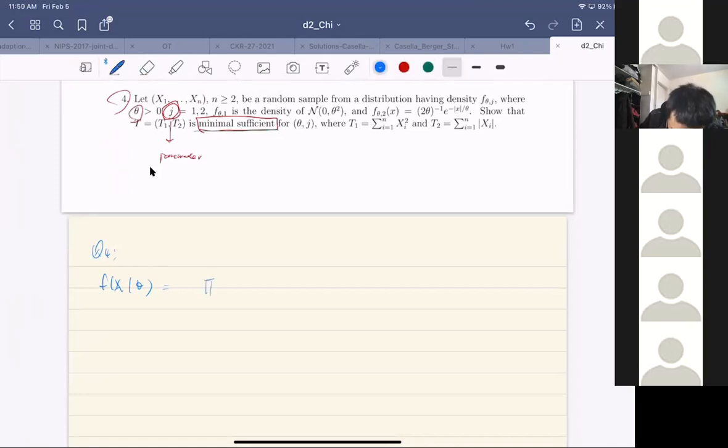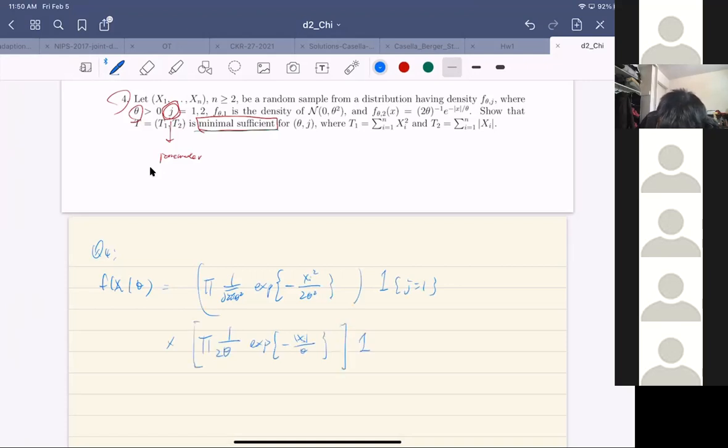Two sigma squared xi squared, and the indicator z equal to 1. And the product, theta over exponential, sorry, 2 theta, with the indicator function z equal to 2.